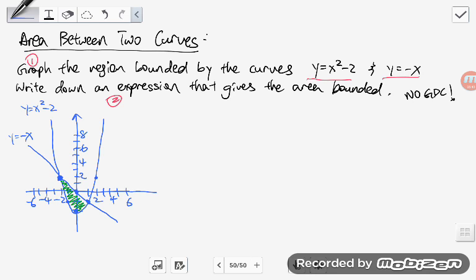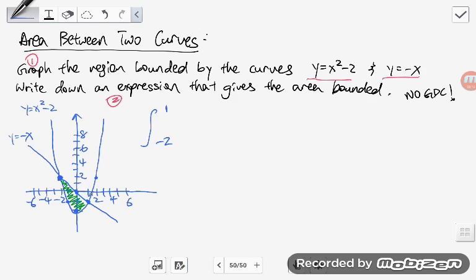So the linear graph is on top, right? Because if I look at the area that we're interested in, the linear line, which is this one, is above the parabola, correct? So the intersection starts from -2 all the way to 1.